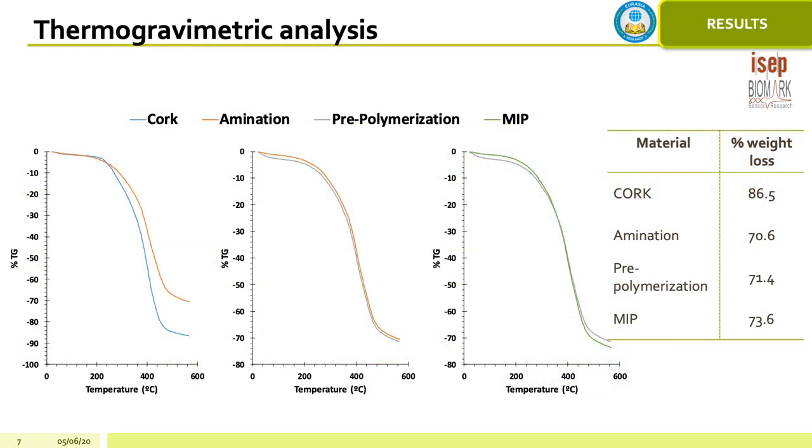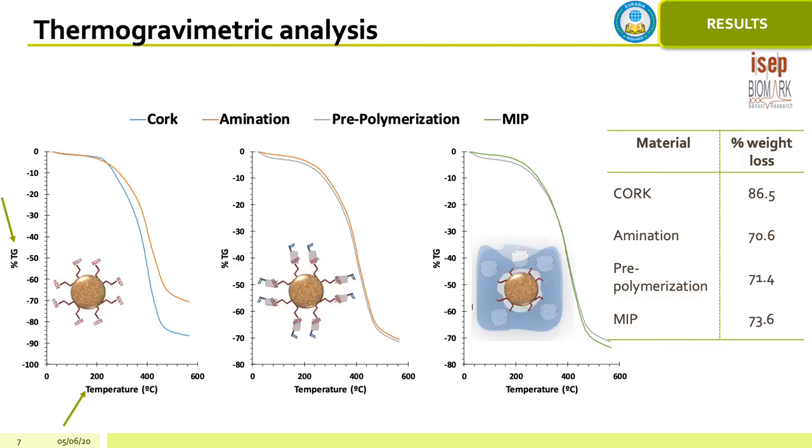All chemical changes made to the cork were confirmed by thermal analysis, in which the loss of mass is plotted against temperature, and as you can see, the thermal reaction of each material, since amination, pre-polymerization and assembly of MIP, is different from the others.